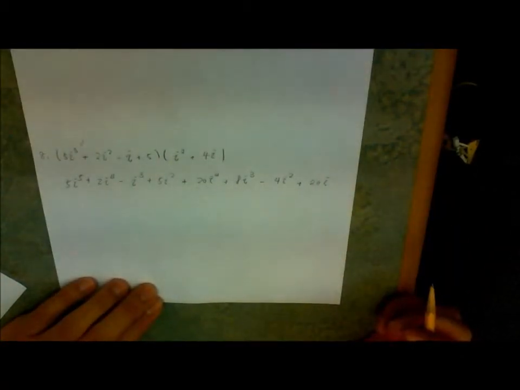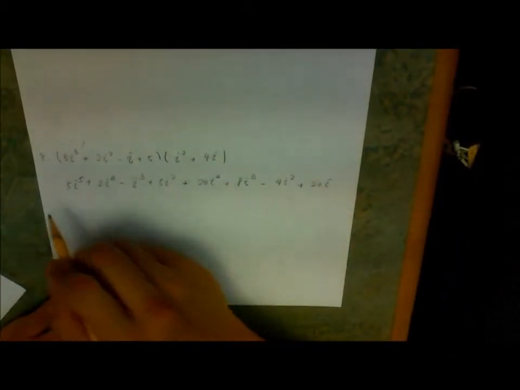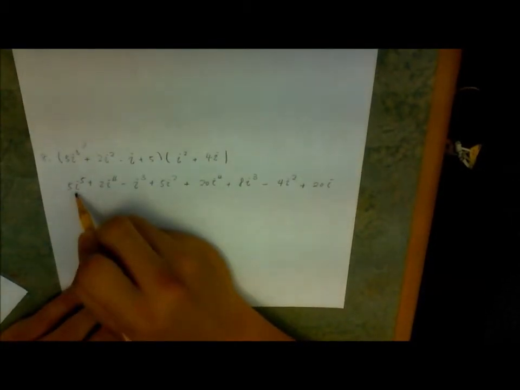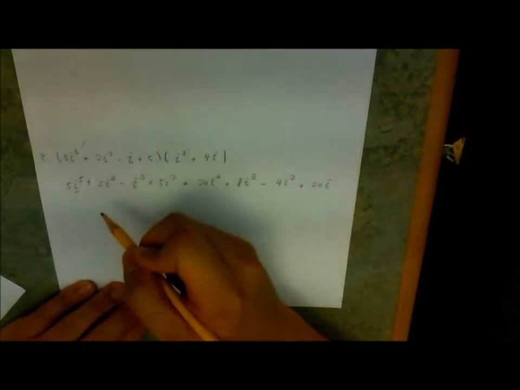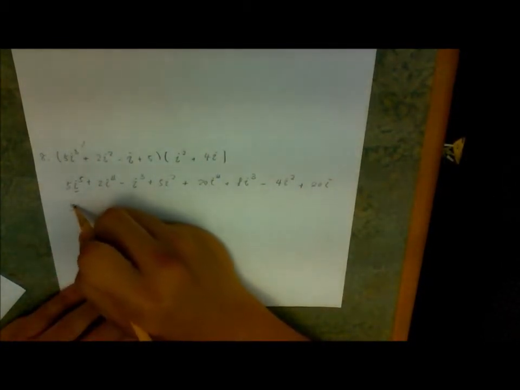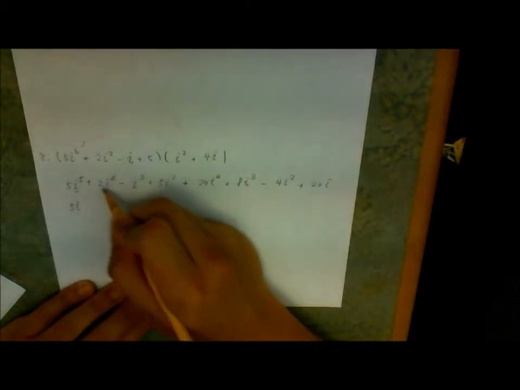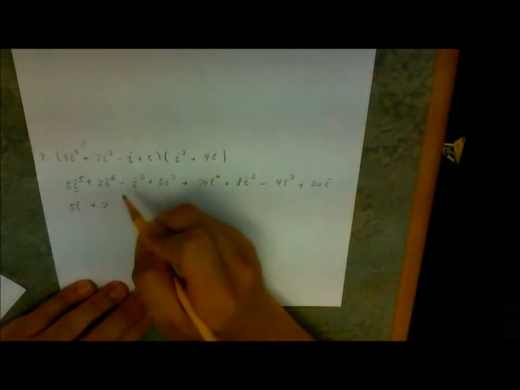Okay, so it looks very complicated, but it's actually not, because i to the 4th is 1. So if you multiply i to the 4th by i, that would just be i. So that's 5i. i to the 4th is 1, so you get 2.